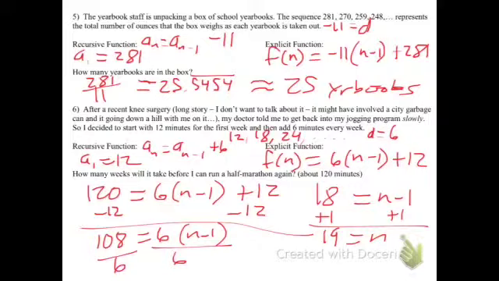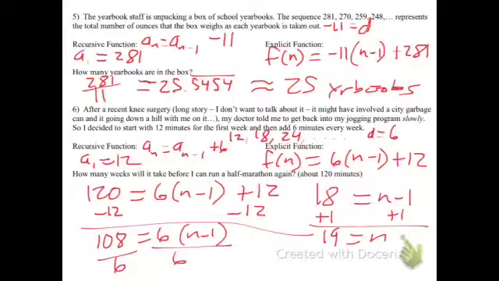And n is the number in the sequence. That doesn't mean that's the week it is. Because here I start here at 12. And that doesn't mean, okay, so that's the first week, but that's not how many weeks have passed. It's asking how many weeks it will take.